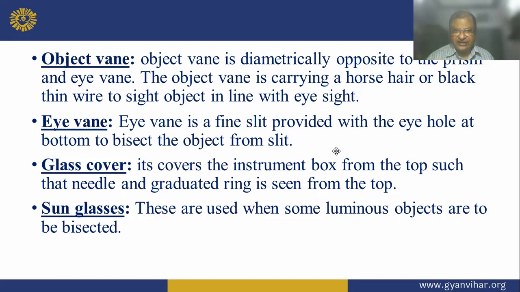The object vane carries a horsehair or black thin wire, where the sight object is aligned with the eyesight. Now the eye vane is a fine slit provided with a hole at the bottom to sight the object through the slit.